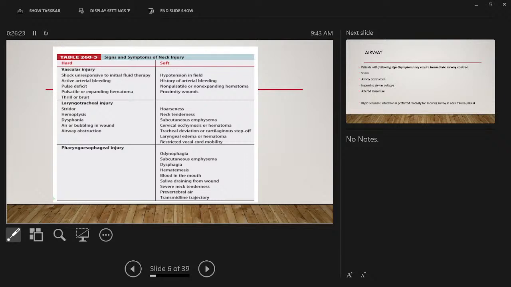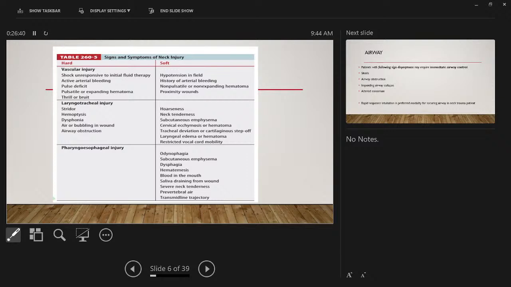Soft signs of neck injury. Soft signs of neck injury are divided into vascular, laryngotracheal, and pharyngoesophageal. In the vascular, we have hypotension in the history, a non-expanding hematoma, and a proximity wound.